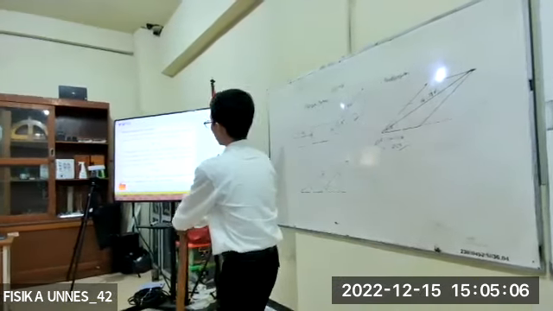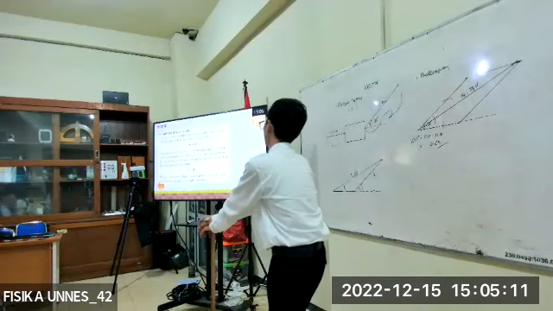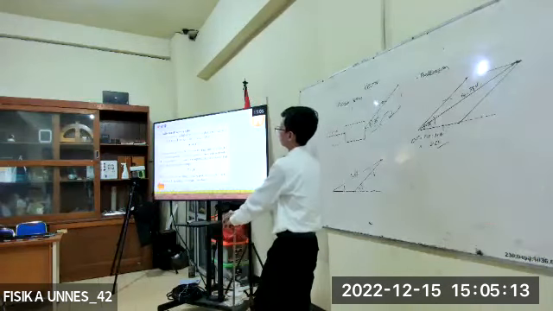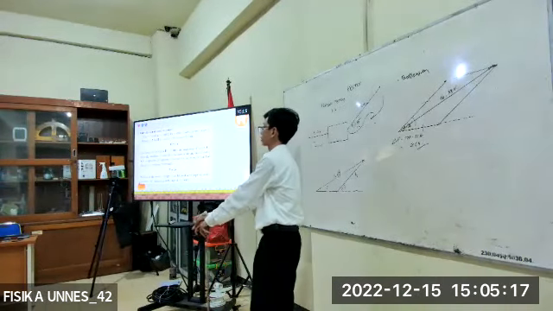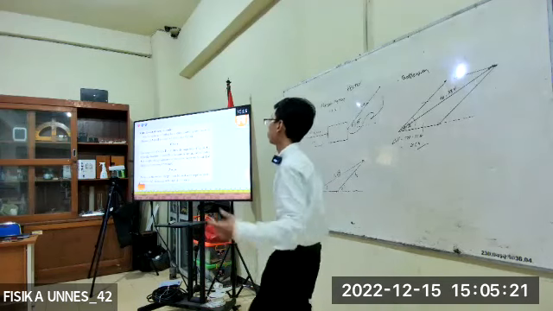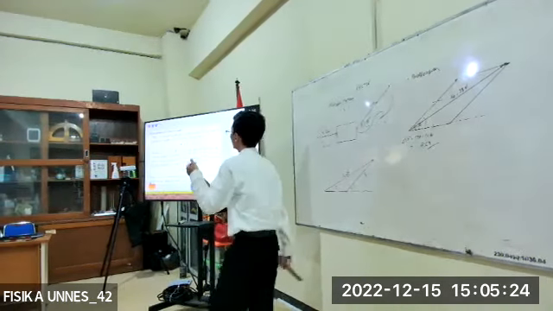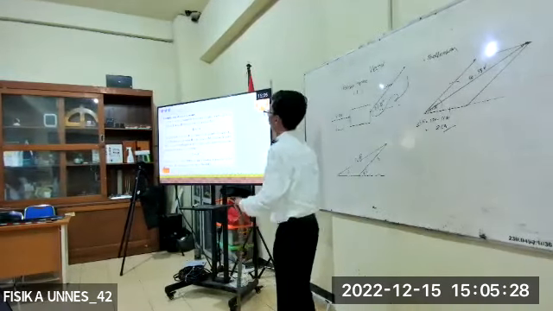So B is equal to K times A. The magnitude of vector B is K times the magnitude of A, while the direction of vector B is the same as the direction of vector A if K is positive, and oppositely if K is negative.